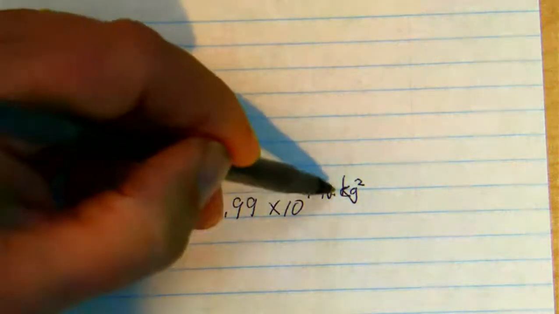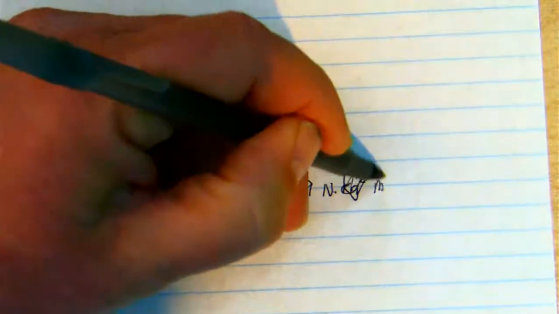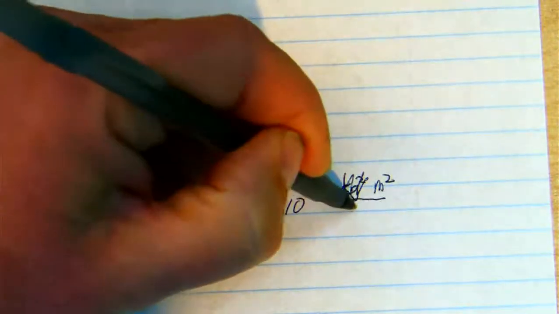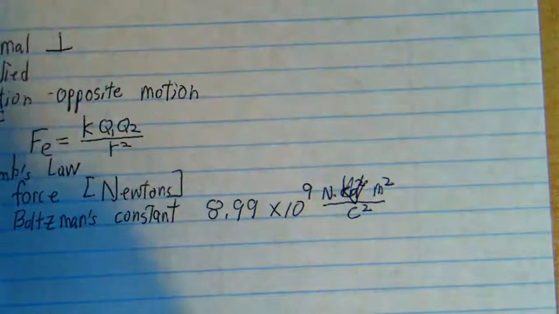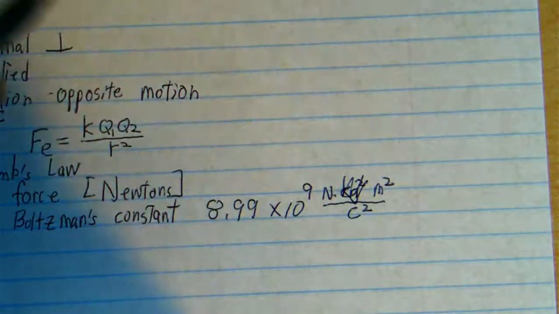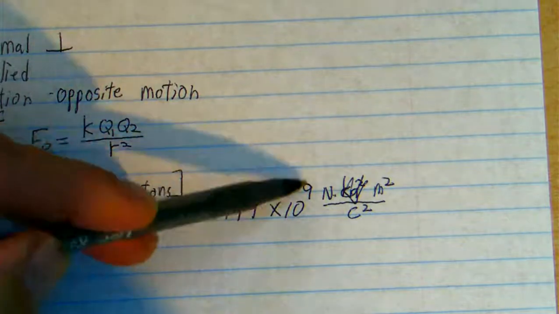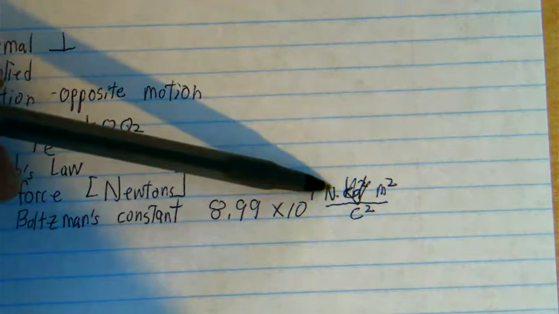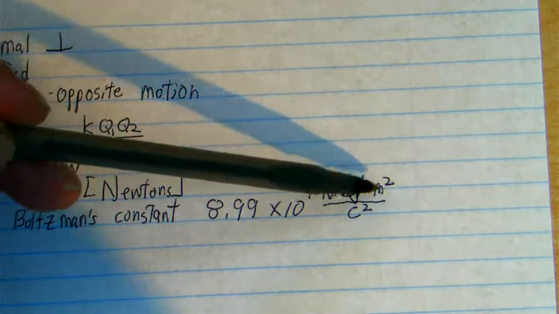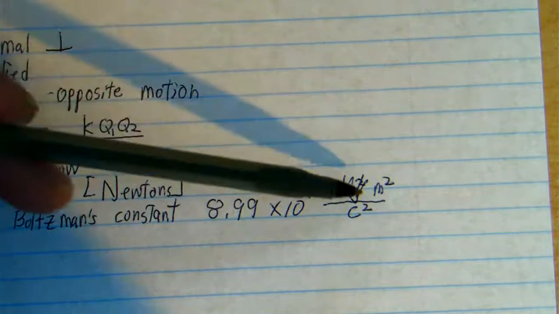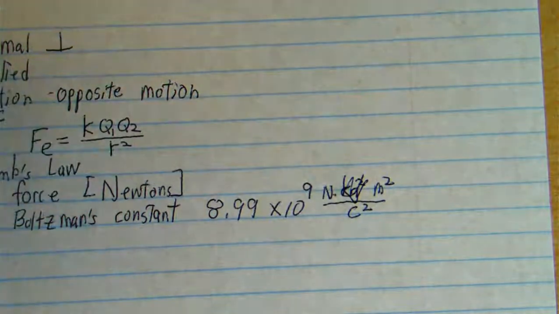No, newtons, meters squared per coulomb squared. There we go. 8.99 times 10 to the ninth power newtons times meters squared divided by coulombs squared.